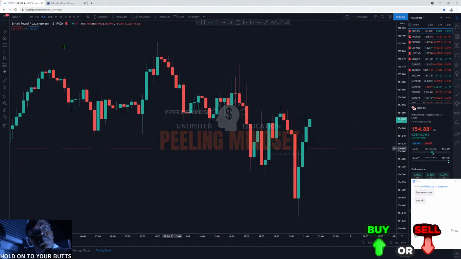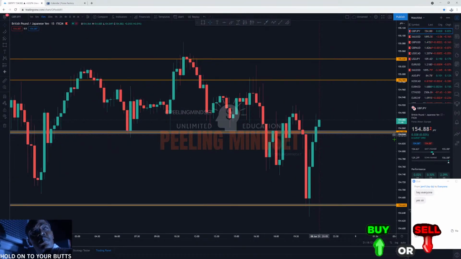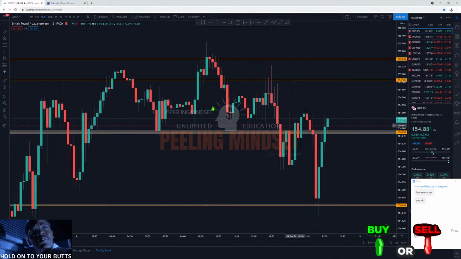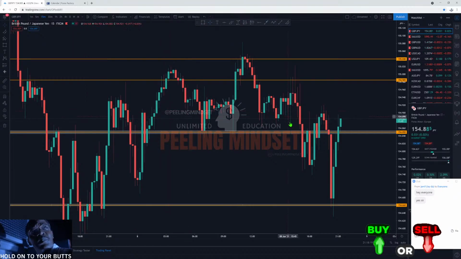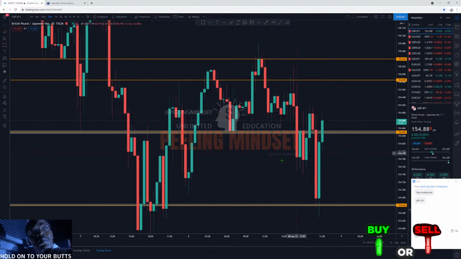All right, pound yen moving up nice and slow. The previous 15-minute candle closed above 154.850 right now, and the price is in this very dirty range in pound yen. I usually stay away from dirty ranges in pound instruments because it doesn't act well. It either pushes through that level in just one go, or it moves with a lot of difficulty.